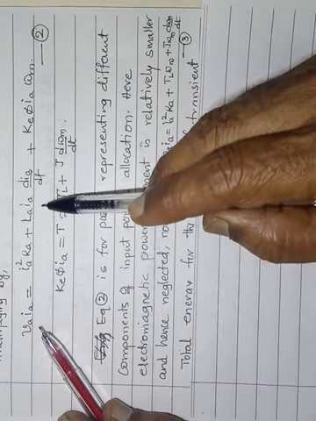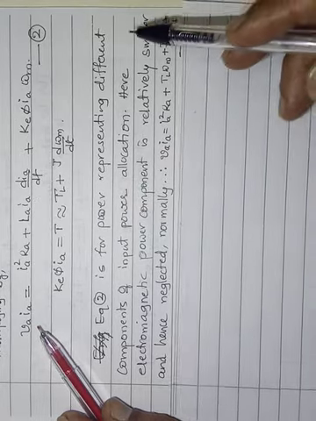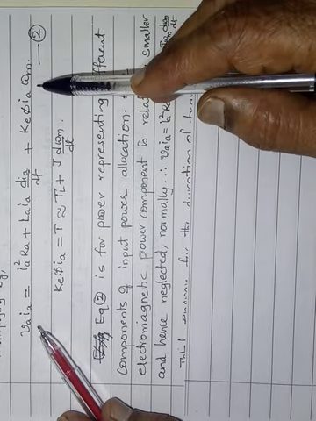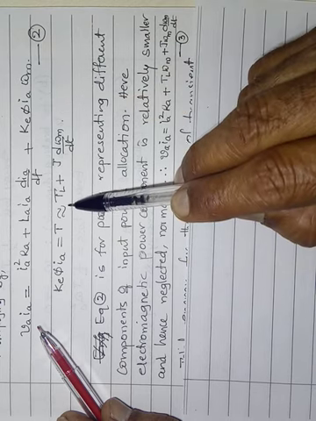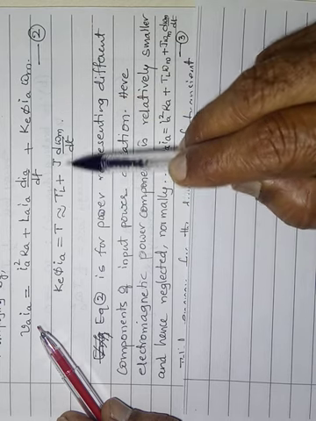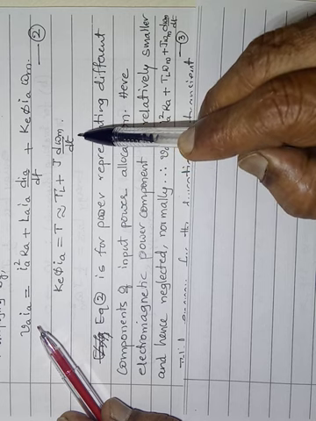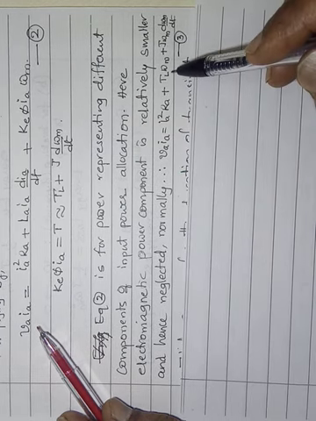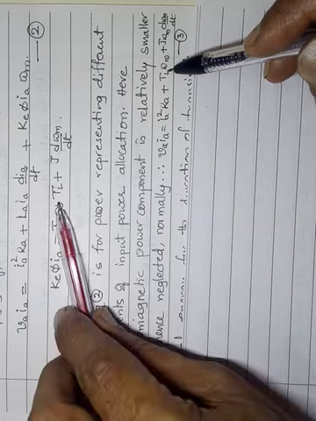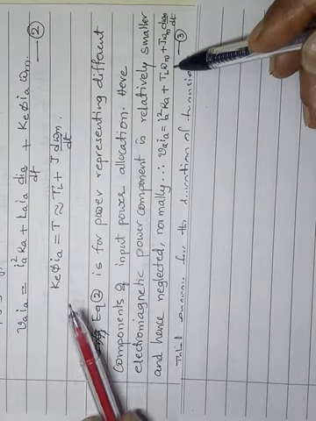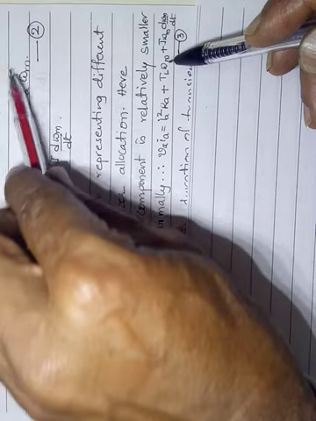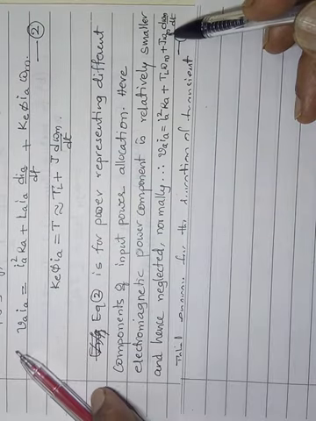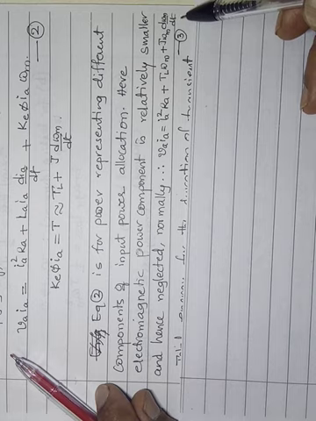I am neglecting this component. Then I come to Ke pi Ia omega m. Ke pi Ia is T, which I have taken as TL plus J d omega m by dt. Hence this will become TL omega m, and then J d omega m by dt into omega m, that is J omega m d omega m by dt.